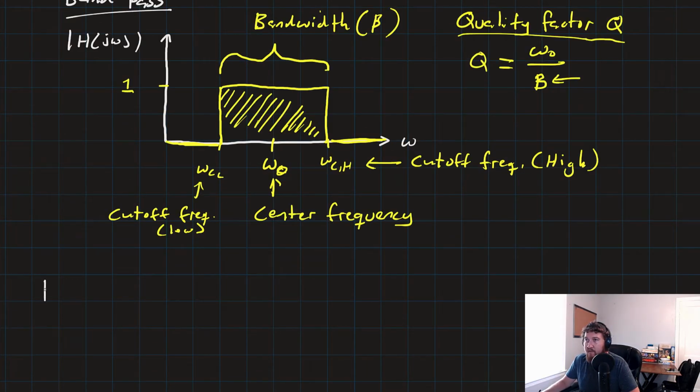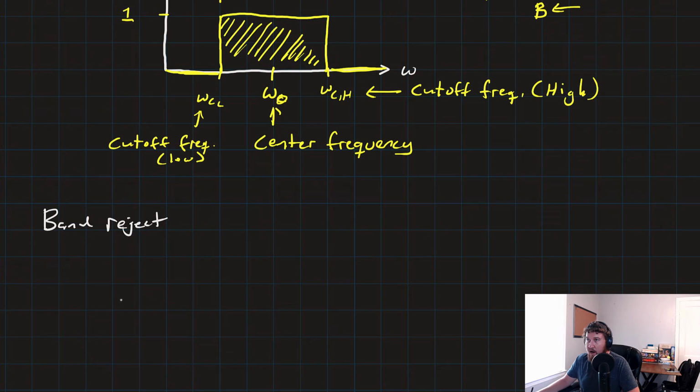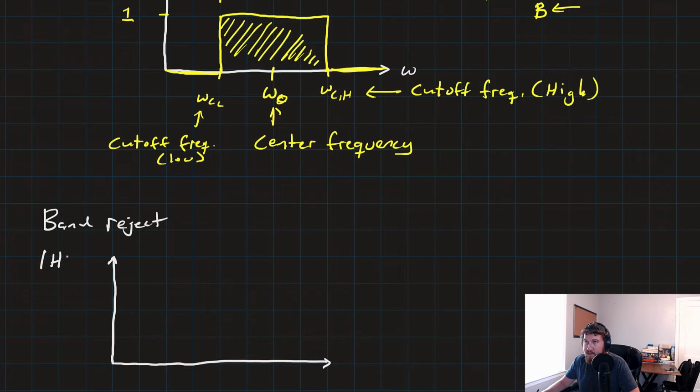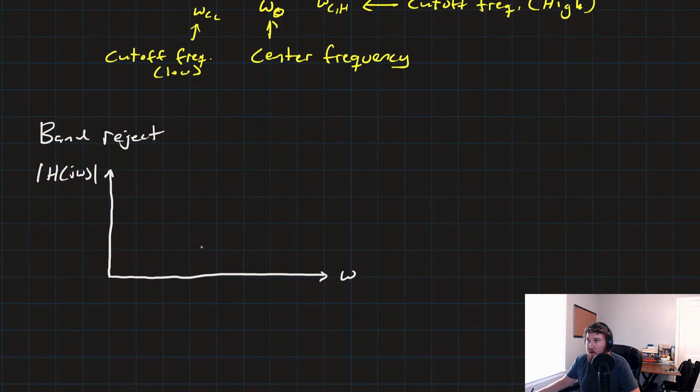And finally, we have band reject, which is just the opposite of the band pass. And what that will look like is this. Still, the vertical axis is our transfer function, and our horizontal axis is our frequency. We have a center frequency, omega naught.